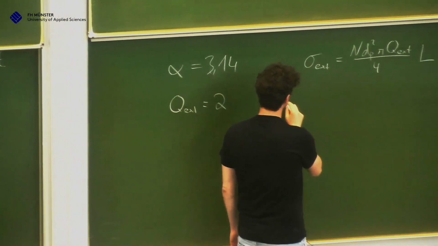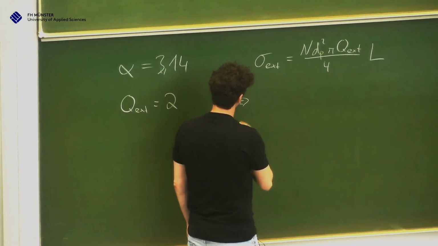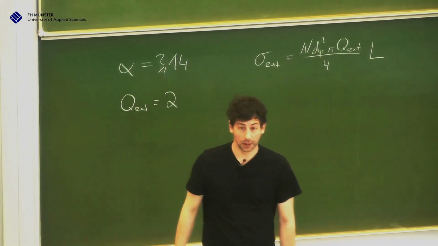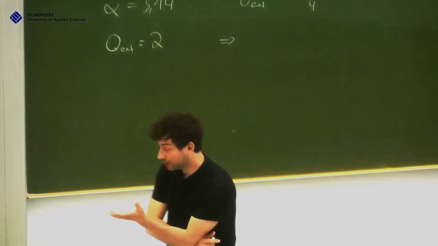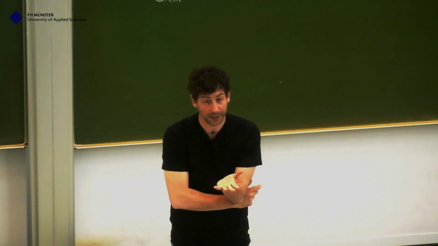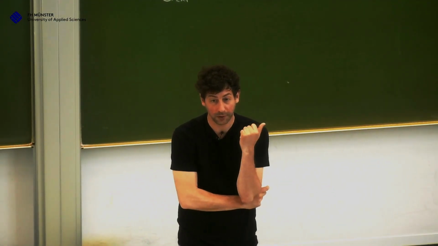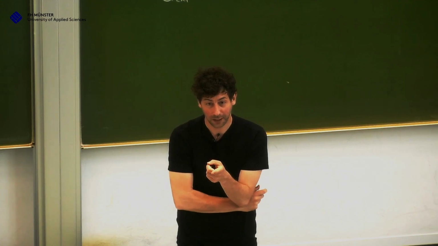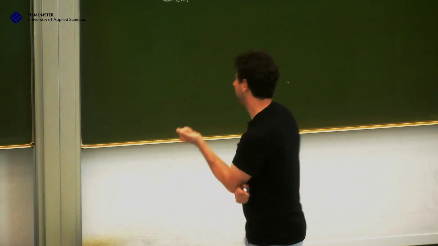And if you put this into the equation, what is the equation we have to calculate finally at the end if we put all the numbers in? I divided... Yeah.